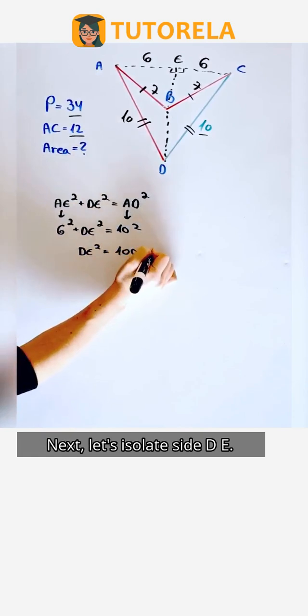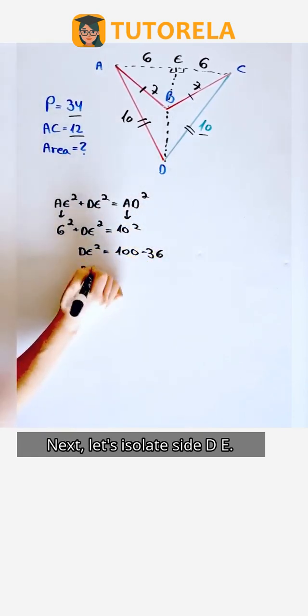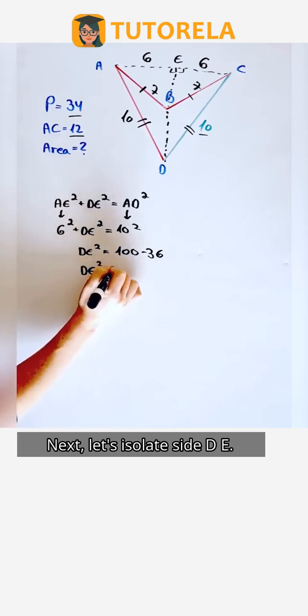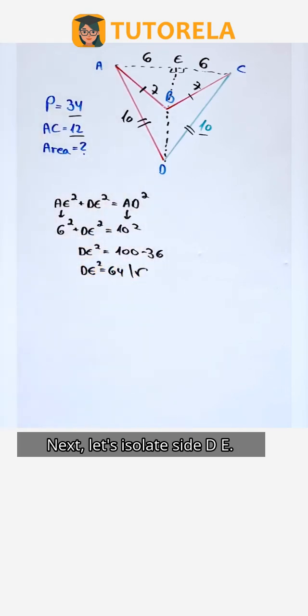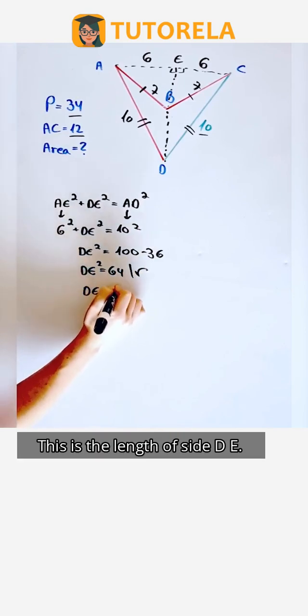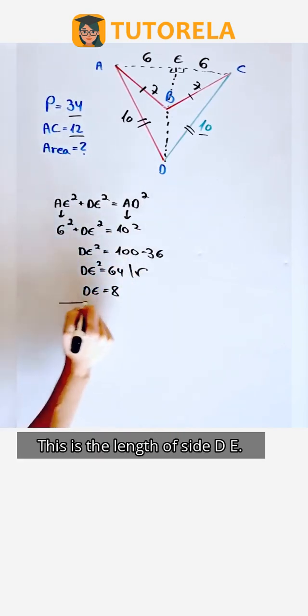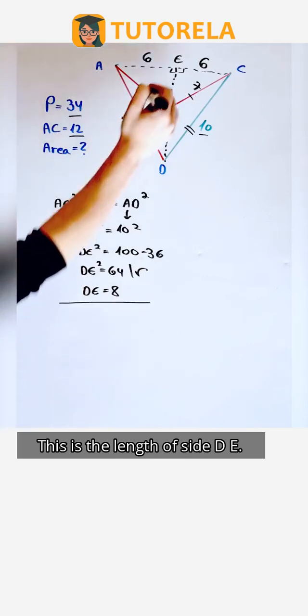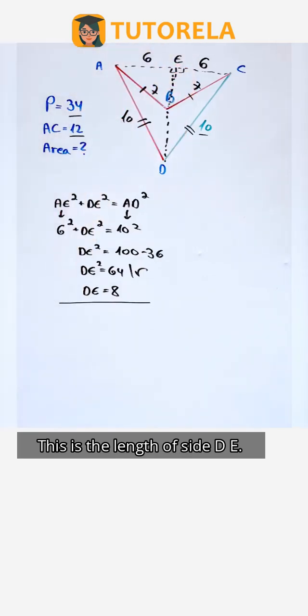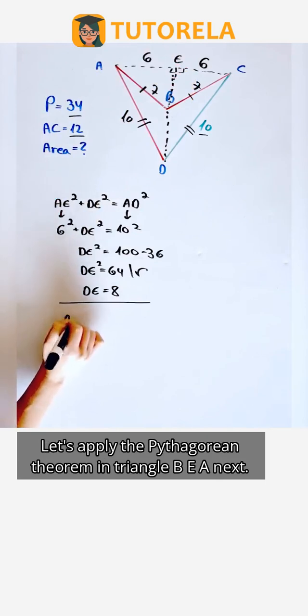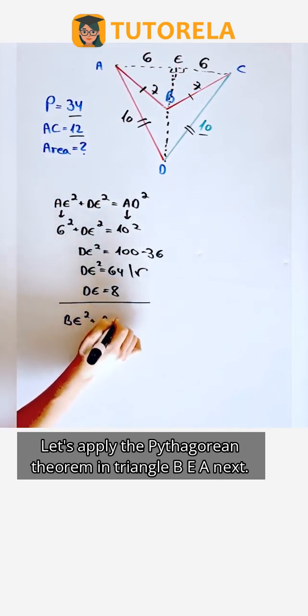Next, let's isolate side DE. This is the length of side DE. Let's apply the Pythagorean theorem in triangle BEA next.